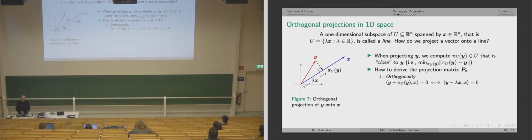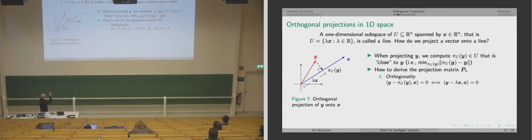So we write that down in terms of inner product. Orthogonality is defined by the inner product, where y minus pi of y is this dotted vector here.